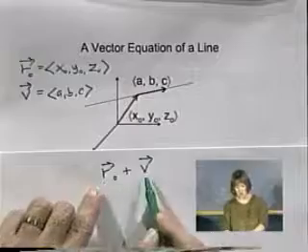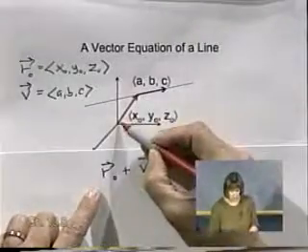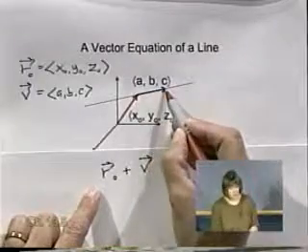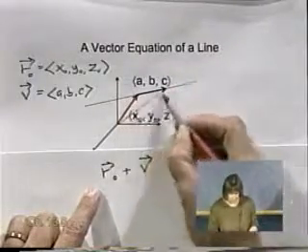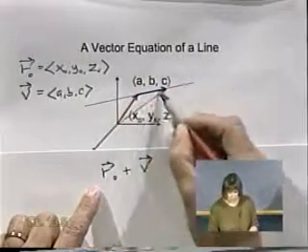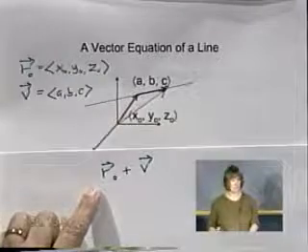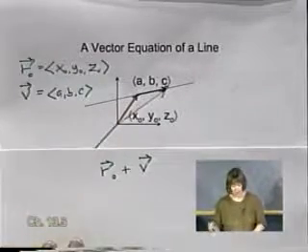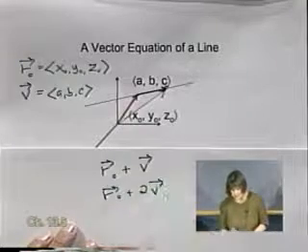If we take r naught plus vector v, what are we getting? Now notice, when you add two vectors, you draw the first vector, you draw the second vector where the first one ends, right? And your resultant starts where the first one starts and ends where the second one ends. This resultant vector is pointing me to this point. Now what if instead of r naught plus v, I took r naught plus 2 times v?